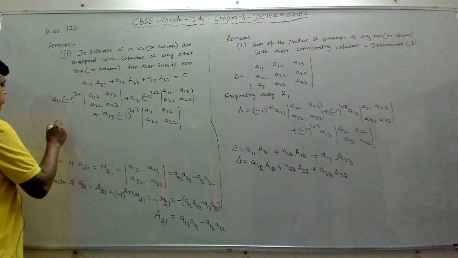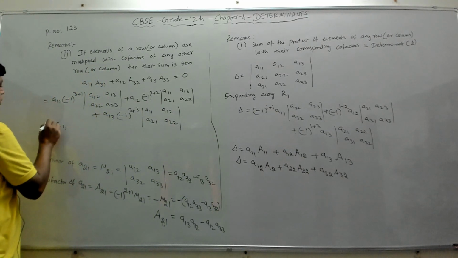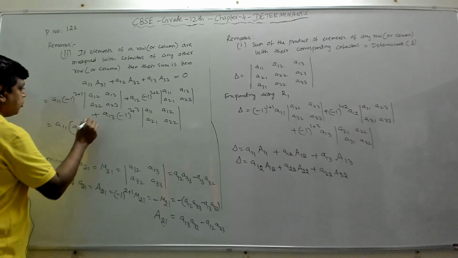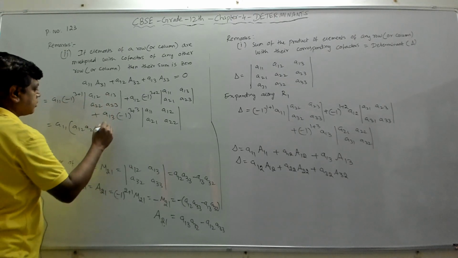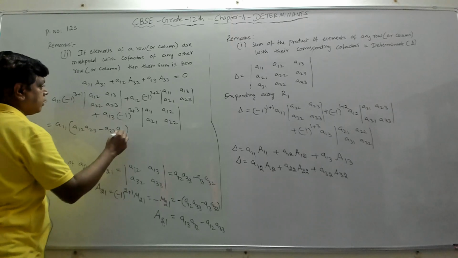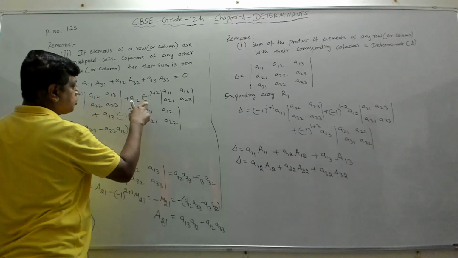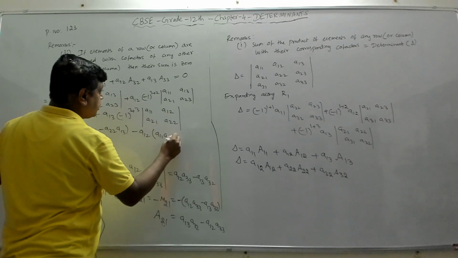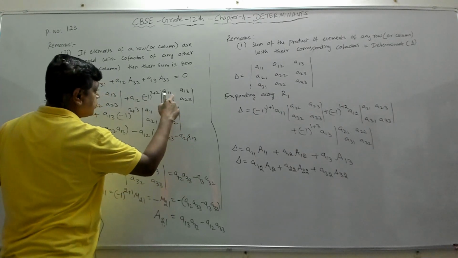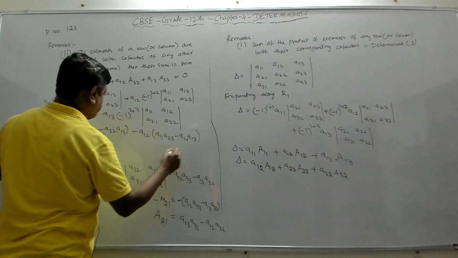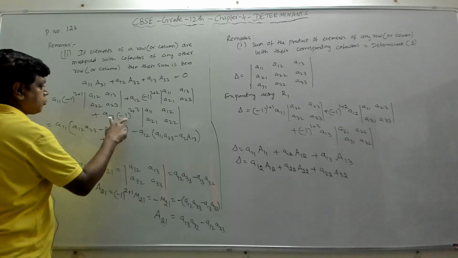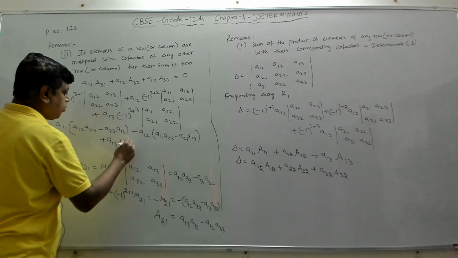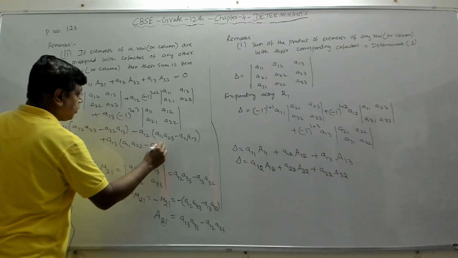Now let's expand this. A11 with minus 1 power 3 plus 1, which is 1, so you get A12, A23 minus A22, A13. Then minus, because minus 1 power 3 plus 2 is odd, A12 into A11, A23 minus A21, A13. Then plus, because minus 1 power 3 plus 3 is minus 1 power 6, which is plus, A13 into A11, A22 minus A21, A12.